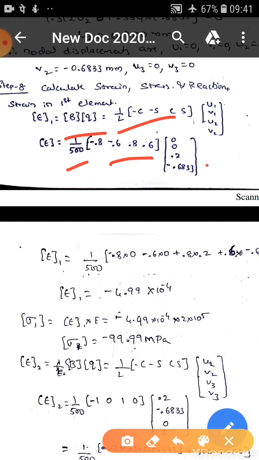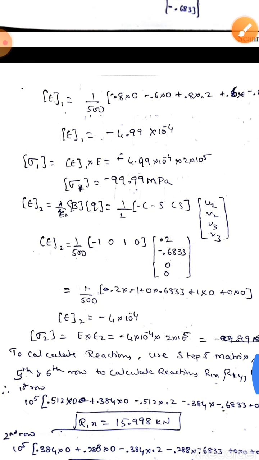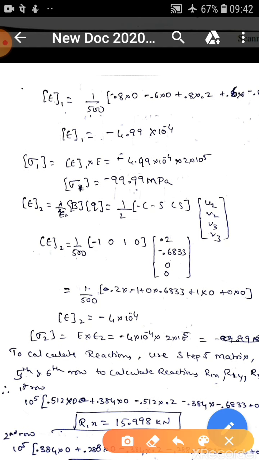Simplify this matrix by multiplying this row with this column, and you get strain as minus 4.99 into 10 raised to minus 4. Strain doesn't have any unit. Stress is equal to E into strain. Strain for the first element is minus 4.99 into 10 to the minus 4, and Young's modulus is 2 into 10 raised to 5. You get stress in the first element as minus 99.99 MPa.